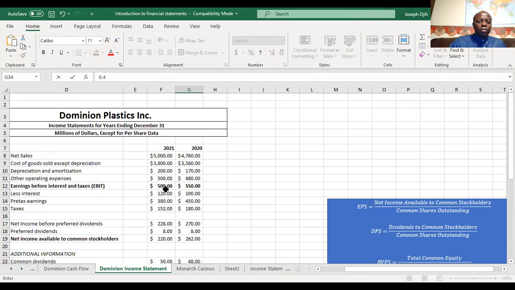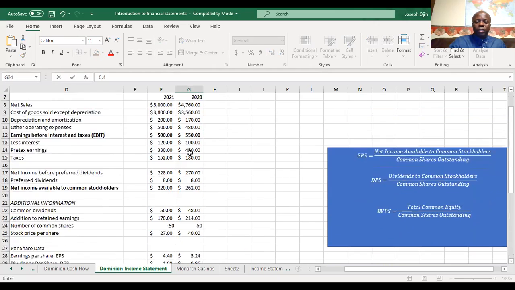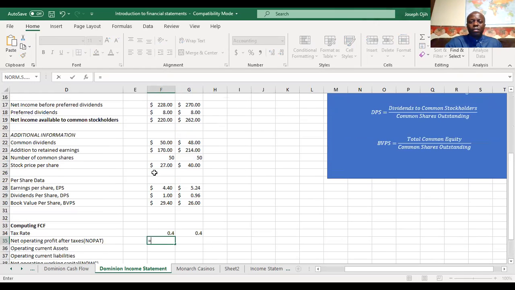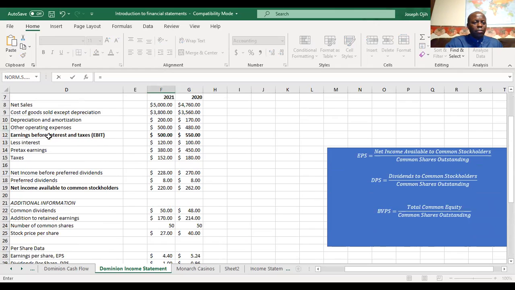This is for year 2021 and 2020. Like I say, when I finish, I will show you what the outcome will be with a different tax rate. So NOPAT will be earnings before interest and taxes, which is right here, click on that, times one minus the tax rate.